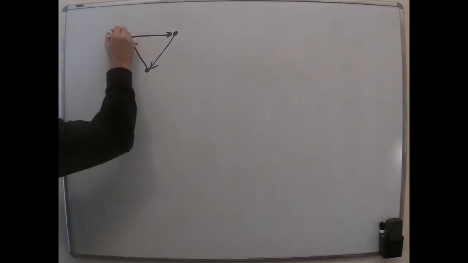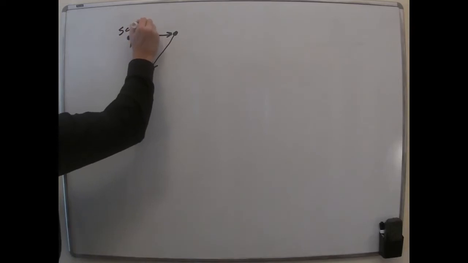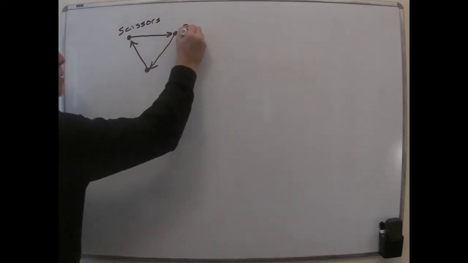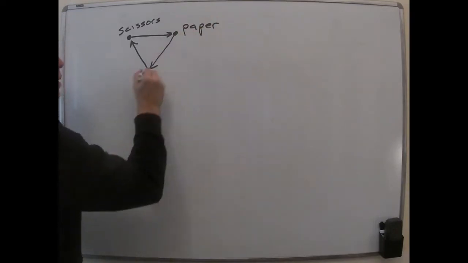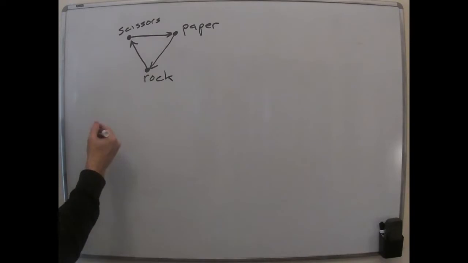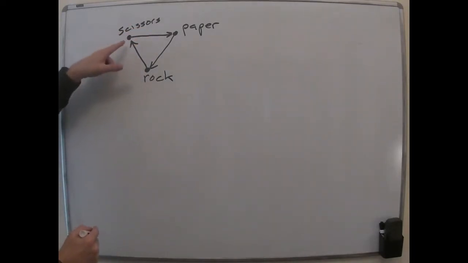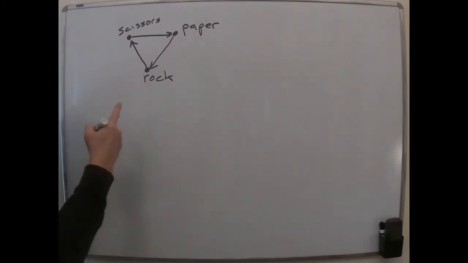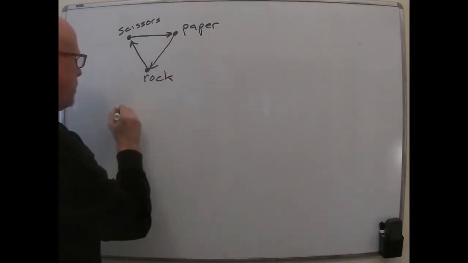You might be familiar with the game where scissors cuts paper and paper covers rock and rock smashes scissors. So there's names for the nodes and there's also names for the arrows that are directed here. That's a kind of graph that's known as a directed graph or a digraph.